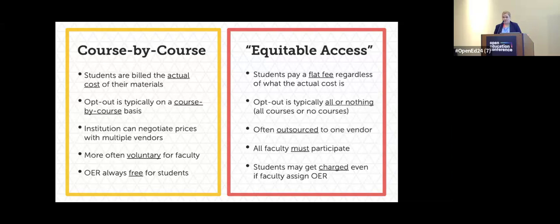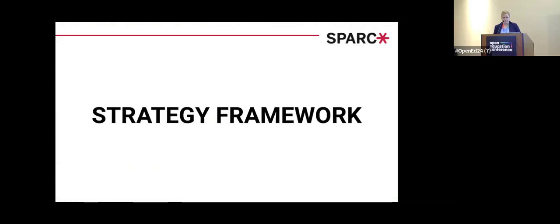These are more often than not outsourced to one vendor, and faculty often don't have a choice about whether or not they can participate. So that's a little bit of terminology, laying expectations going forward into the presentation.